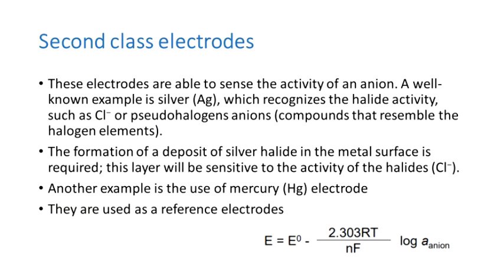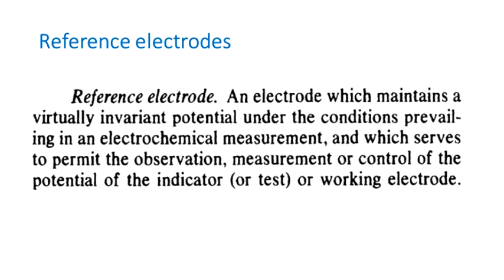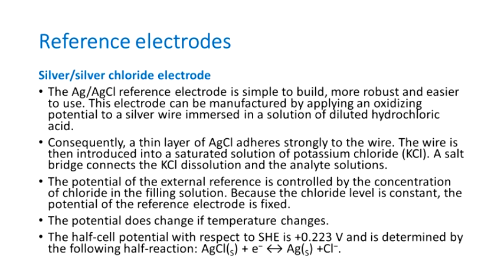Second class electrodes. These electrodes consist of non-active metal, usually it is silver or mercury, which is covered by its insoluble salt and placed in solution of soluble salt with same or common ion. These electrodes are often used as reference electrodes instead of hydrogen, which is not very comfortable to use.